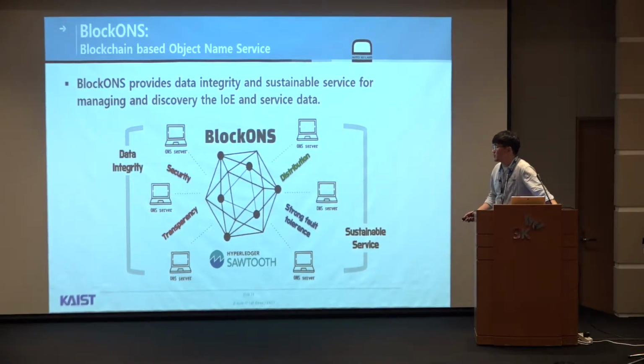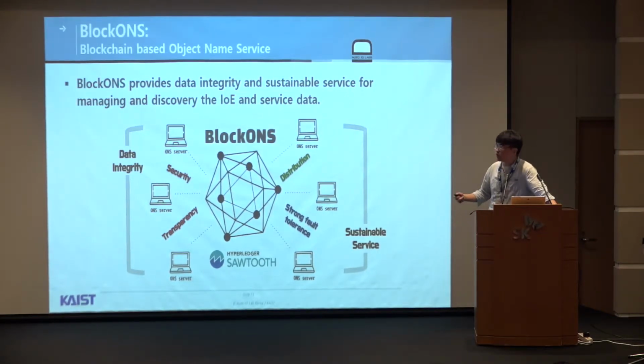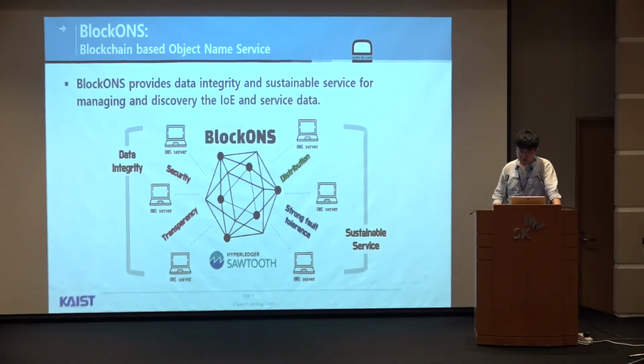There are lots of local ONS servers now, and we collect some critical data, refine the ONS's service data, and store it in the blockchain, and use that blockchain data to validate data tampering. We also use the blockchain to distribute the services and provide strong fault tolerance. So the main purpose is data integrity and sustainable services.